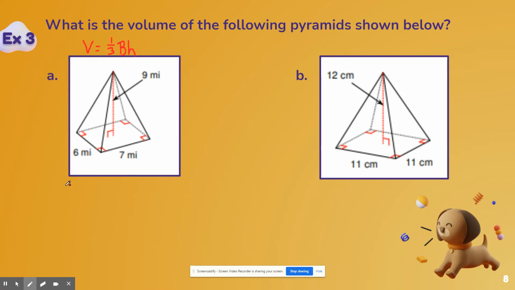So I could say that the volume formula for this one is equal to 1/3 times length times width times the height. And that's what it is. So I would do 1/3 times 6 times 7 times 9.